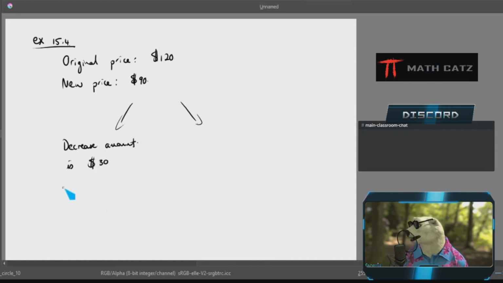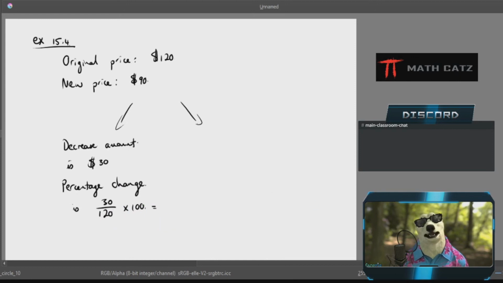And then we can focus on the percentage change, or the decrease in this case, is then 30 as a percentage of the original. And then of course I multiply that by 100 and I get my percentage value.